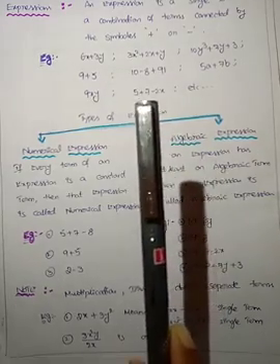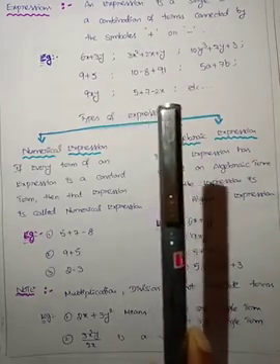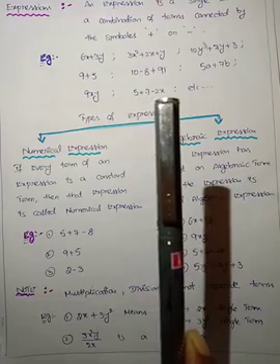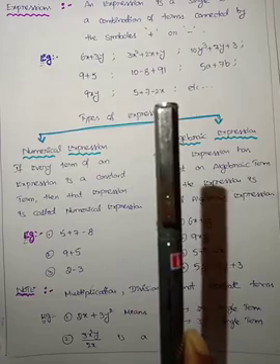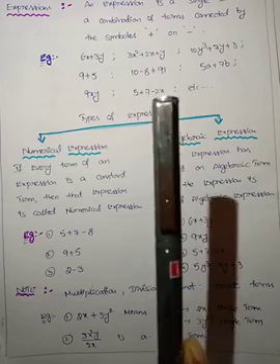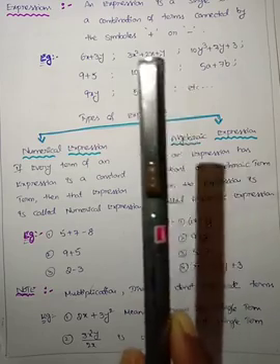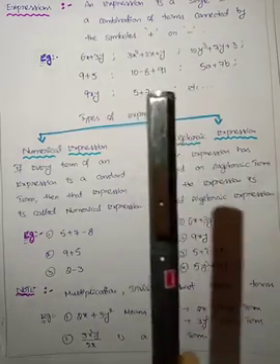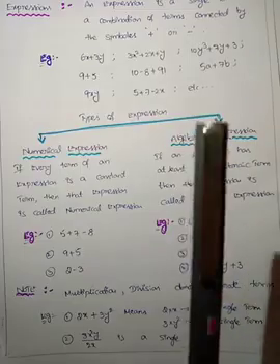Now we take this example. 5 plus 7 minus 2x. 5 is a numerical term, 7 is a numerical term, but 2x is an algebraic term. At least one term is an algebraic term, so the expression is an algebraic expression. So 5 plus 7 minus 2x is an algebraic expression.